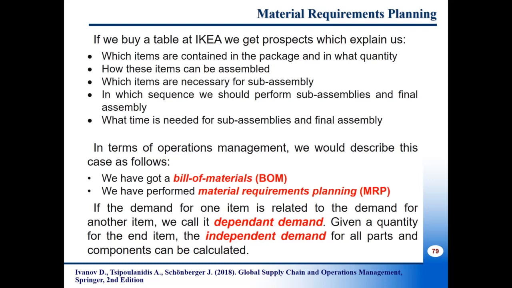A bill of materials contains a listing of all the assemblies, sub-assemblies, parts, and raw materials that are needed to produce one unit of finished product. Thus, each finished product has its own bill of materials. The listing in the bill of materials is hierarchical.